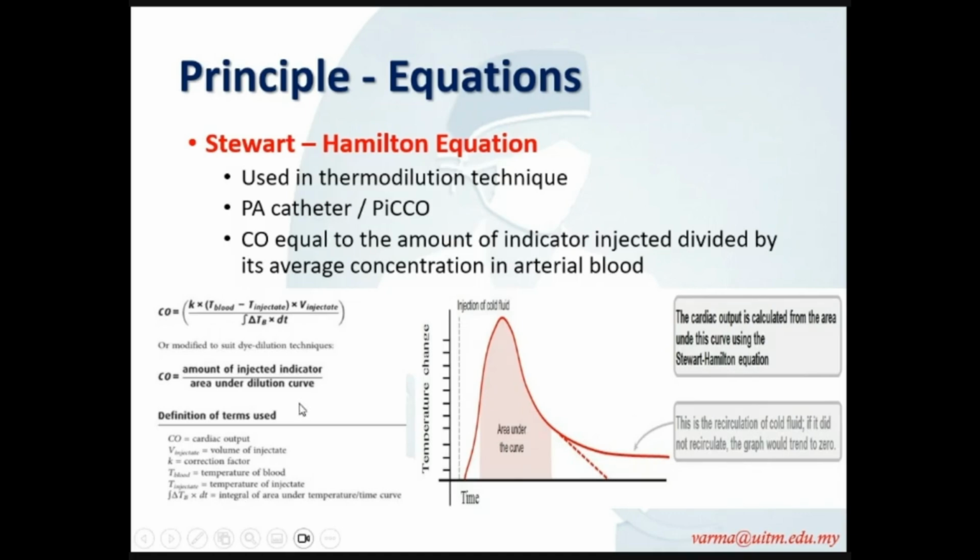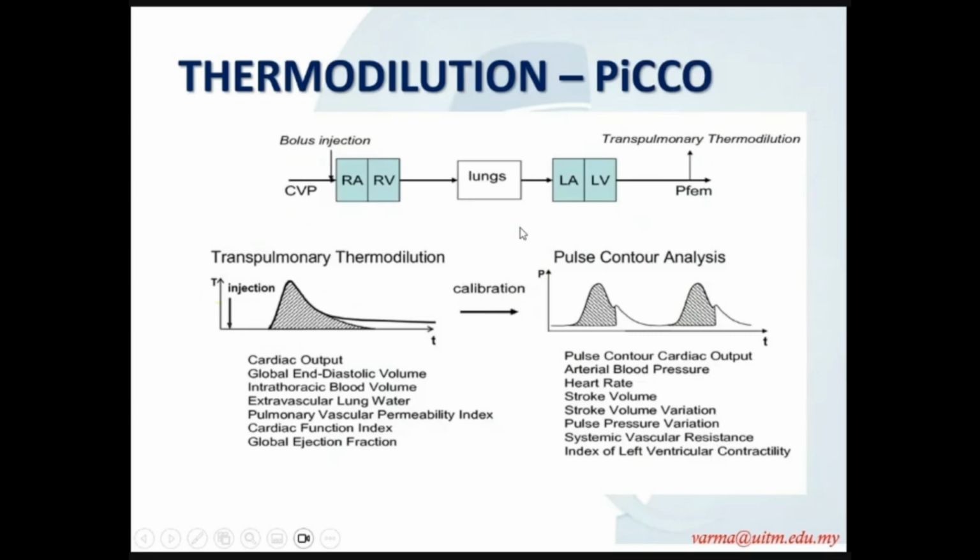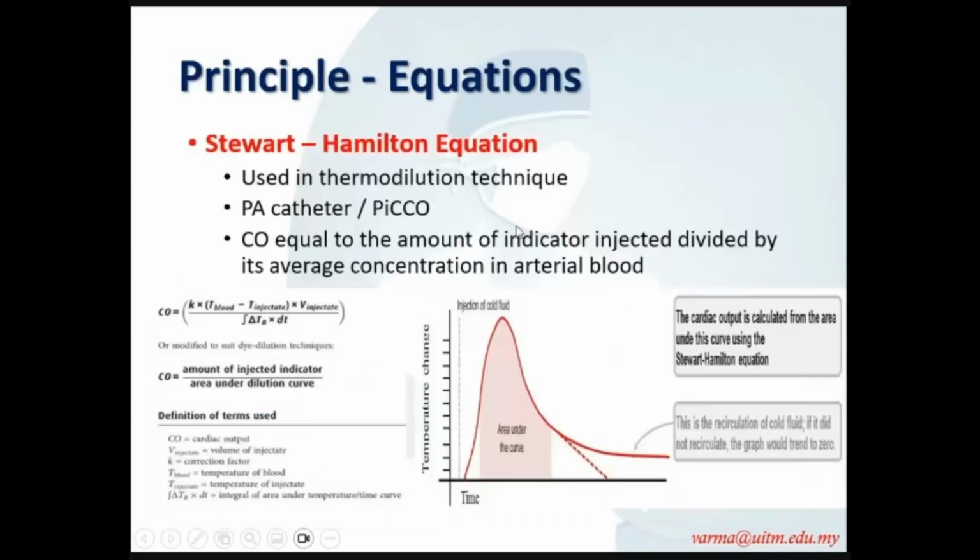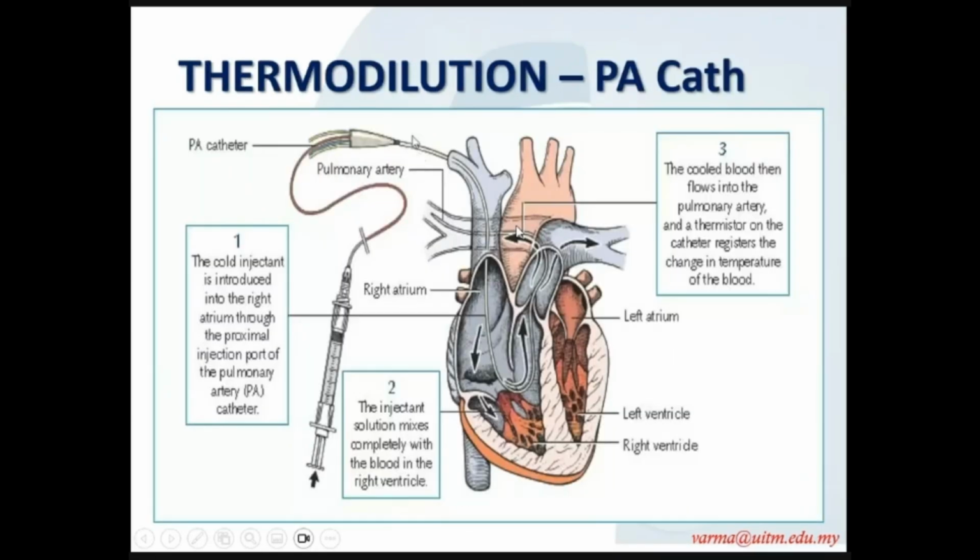The difference between a PA catheter and a PICO: in a PA catheter, we'll talk about it in a while, your catheter will be placed in your pulmonary artery where there is a thermistor. When you inject a cold saline here, it goes through the warm blood, and the thermistor will be placed here. You can see this is the catheter. Inside this thermistor, before we inject the cold saline, it is picking up the warm blood temperature.